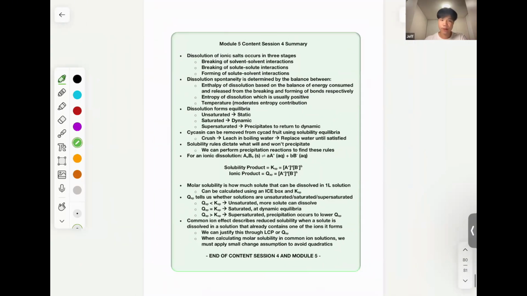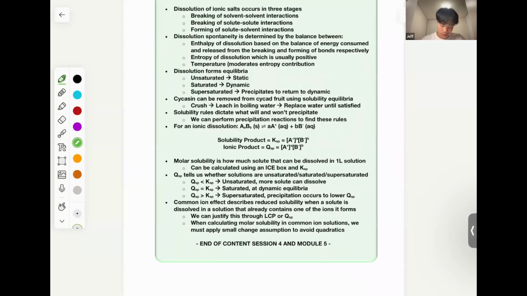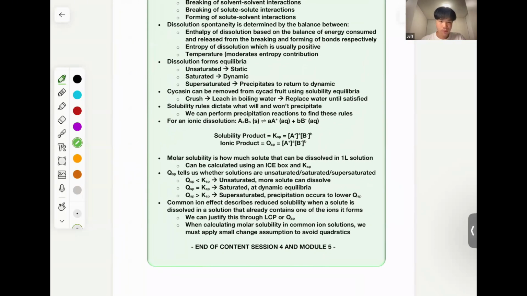And that brings us to the end of content session 4. We talked through dissolution of ionic salts, finding spontaneity for dissociation, how dissolution forms equilibria in unsaturated, saturated, or supersaturated solutions, the cycasin case study, the cycad fruits, the solubility rules, ionic dissolution, KSP expressions, QSP expressions, molar solubility, how to find it, QSP, what it means when you compare it against KSP, and finally the common ion effect, and how you calculate it using small change assumption for molar solubility.